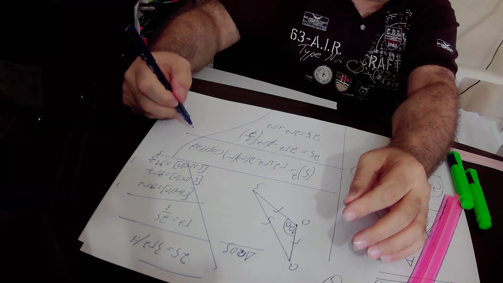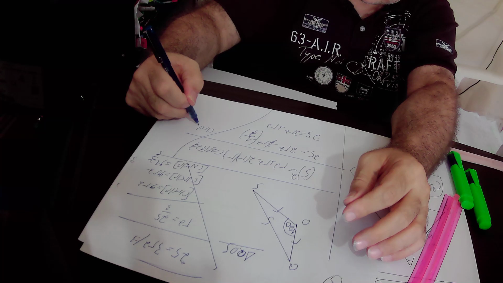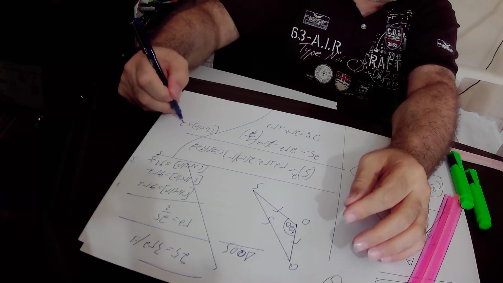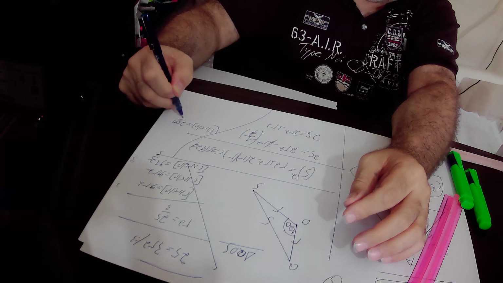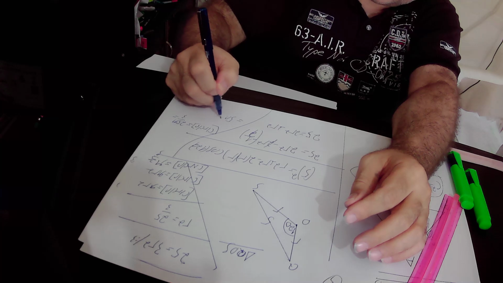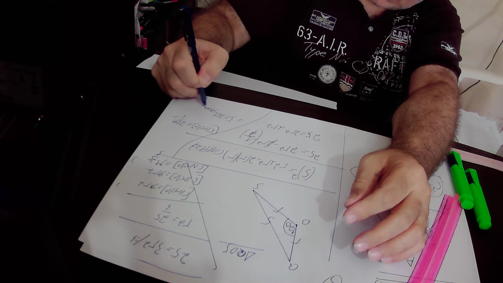So in conclusion we found out that the area of our circle is equal to 25 pi over 3 square units, or in terms of numbers, 50.265 square units.